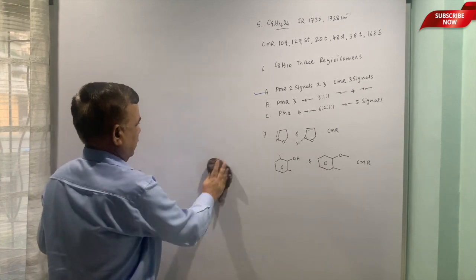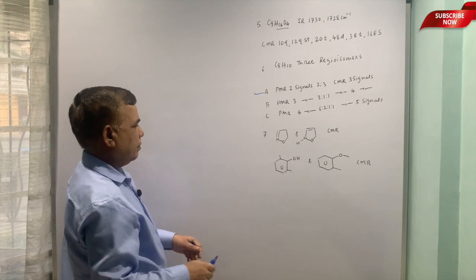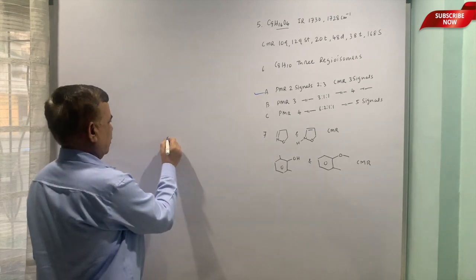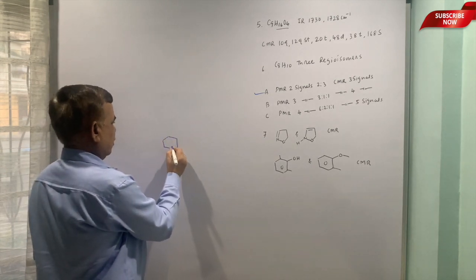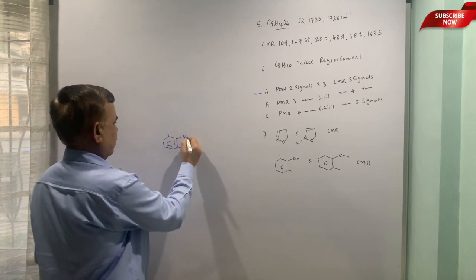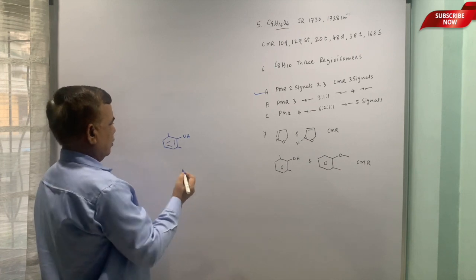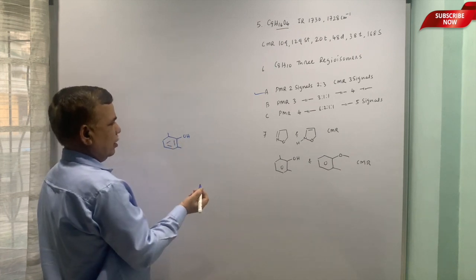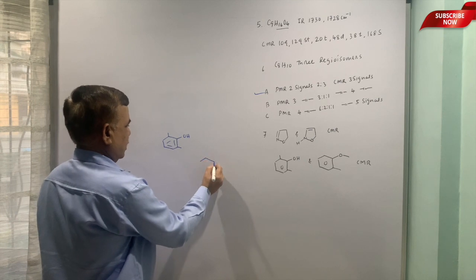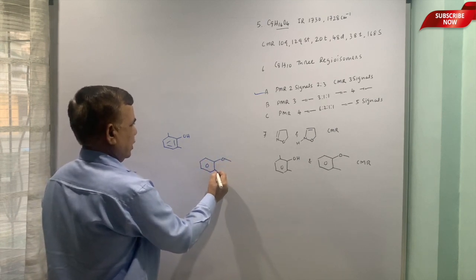Okay. The second pair is, once again I will draw these structures. This is the phenol, 2,6-dimethyl phenol, and the second compound is OCH3 and CH3.